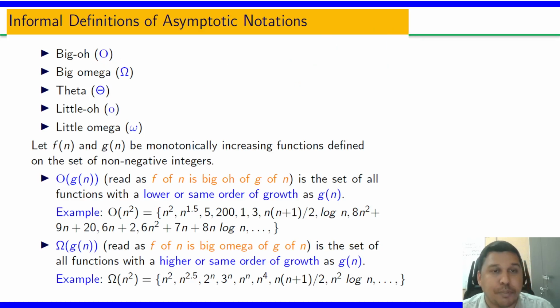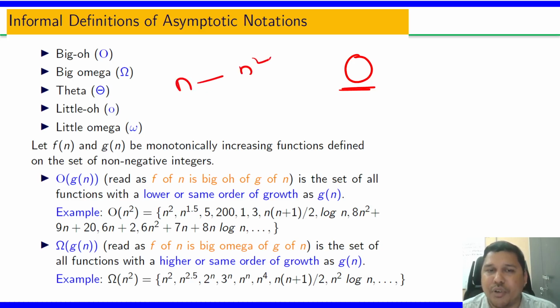When should we use big O notation? Big O notation can be used whenever the running time of the function is varying between n to n square.